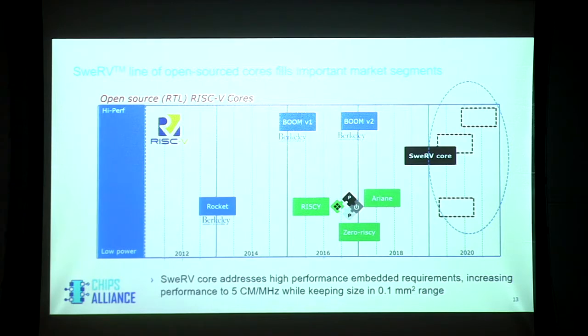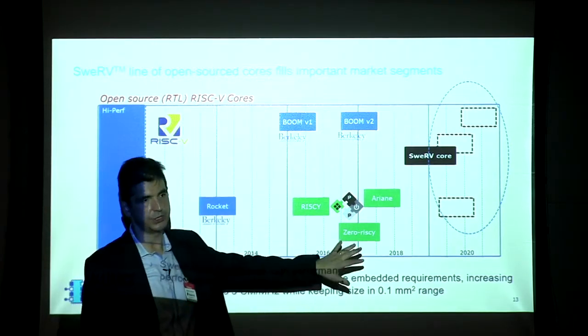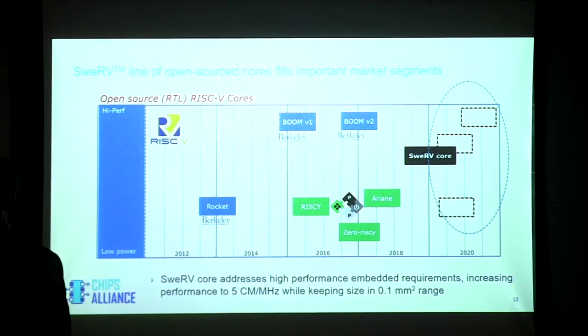All the cores here are in-order, single issue cores. And then from Berkeley came also BOOM, the Berkeley Out-of-Order Machine, in two variants, V1 and V2, and still actively being developed in Esperanto.